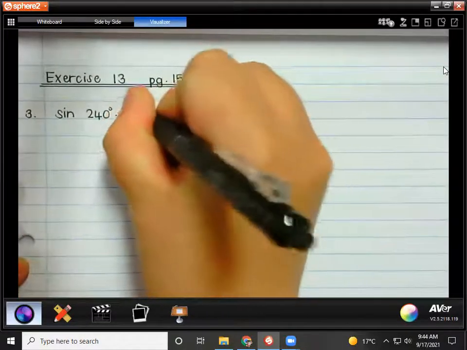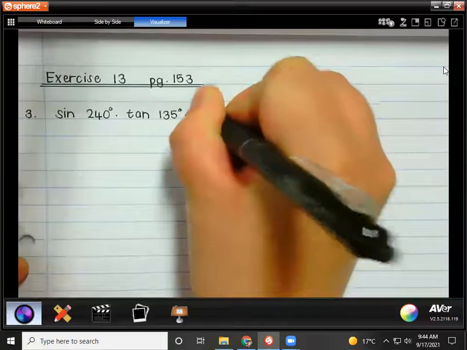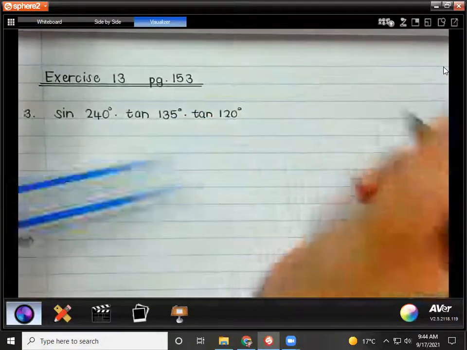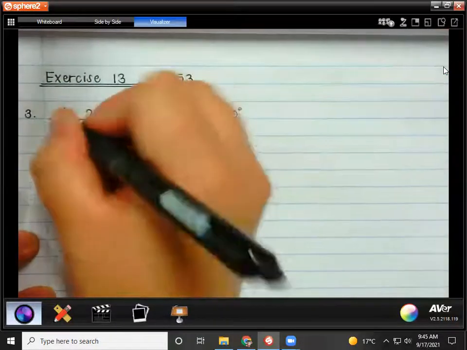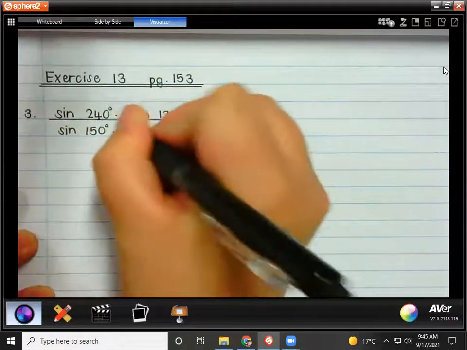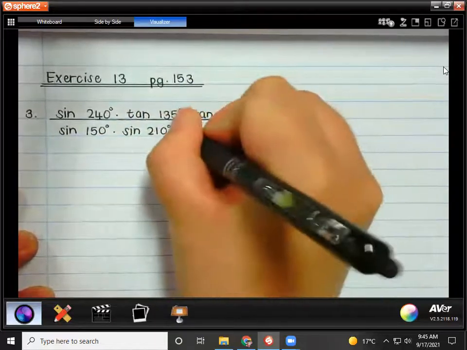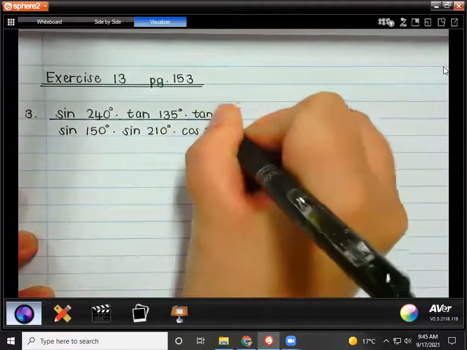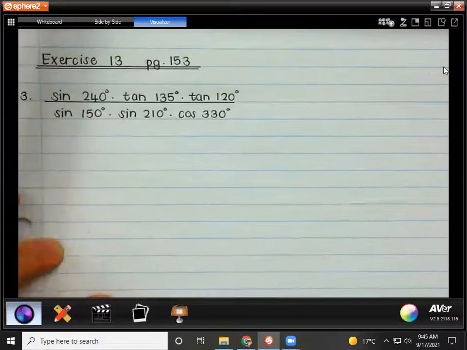Okay, tan 135, tan 120 over sine 150, sine 210 cos 330. All right, and obviously it said without using a calculator, so we know we're going to have to use reduction formulas. We're going to have to get them to the special angles.